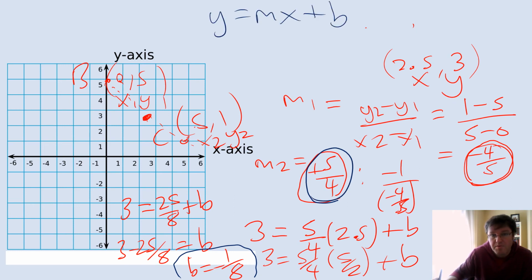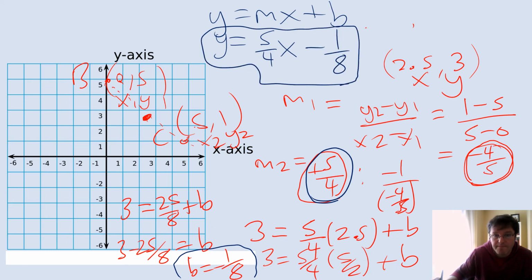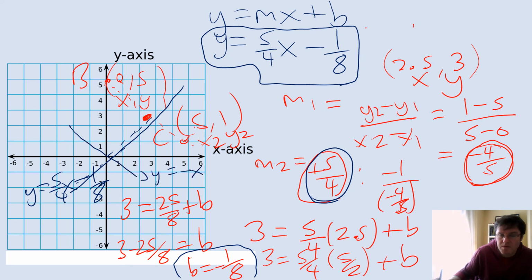Equation of perpendicular bisector is y equals 5/4 x minus 1/8. Okay, that's that line. And we already found the equation of this one, minus x. So what I'm going to do now is I'll find the intersection of those two lines.